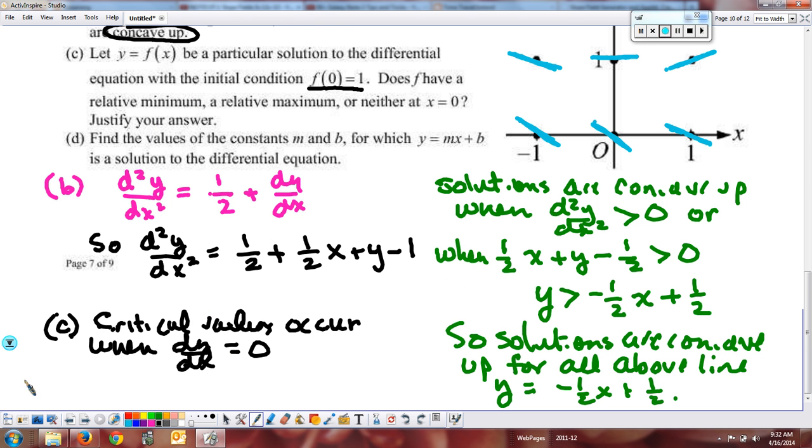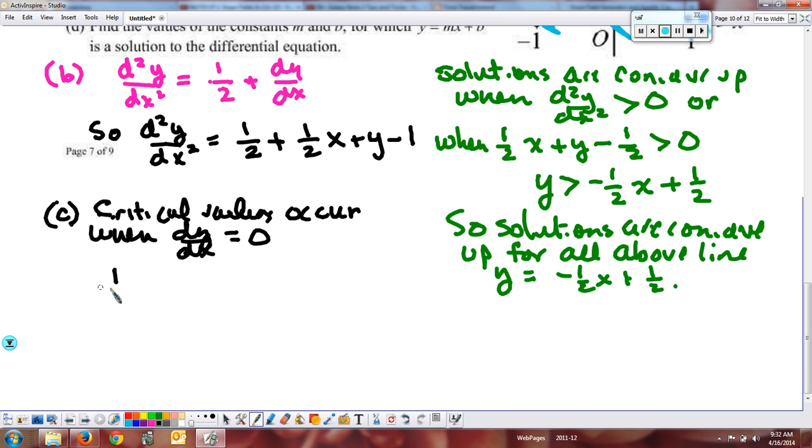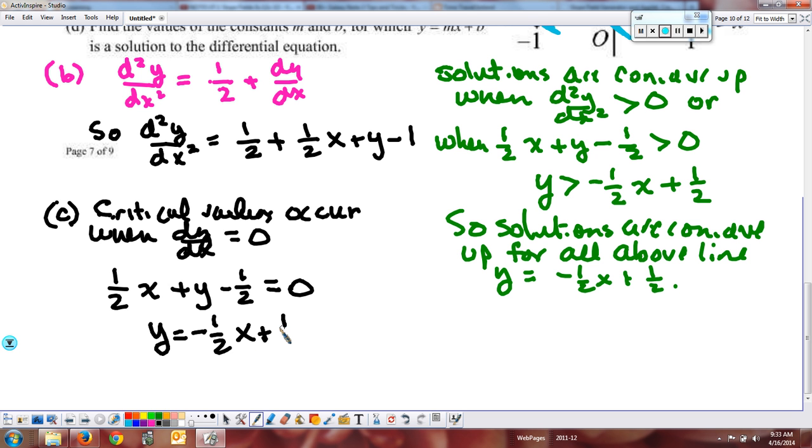Which is our 1/2 x plus y minus 1/2 is equal to 0, okay? And that is equal to 0 when y equals negative 1/2 x plus 1/2. And when does that happen? Notice they gave you an initial condition.